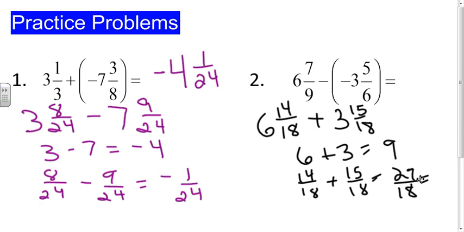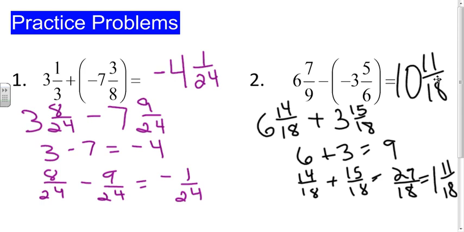And 29 eighteenths is really 1 and 11 eighteenths. So when I add 1 and 11 eighteenths and 9, I get 10 and 11 eighteenths. And that's how we add and subtract fractions.